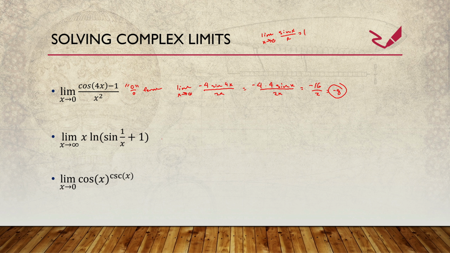So what you will have to do is move that x right here into the denominator. In order to do that, we'll do 1 over x. So you will have the natural log of sine of 1 over x plus 1 all over 1 over x, because it's the same thing. If you do the reciprocal of that, you get x. So relatively speaking, this is the same thing.